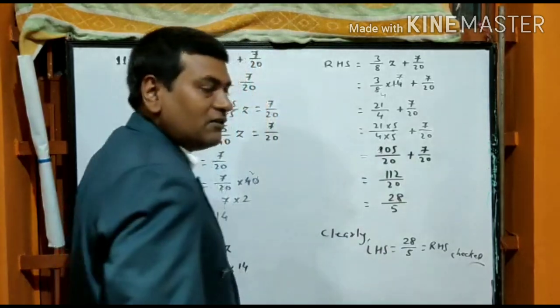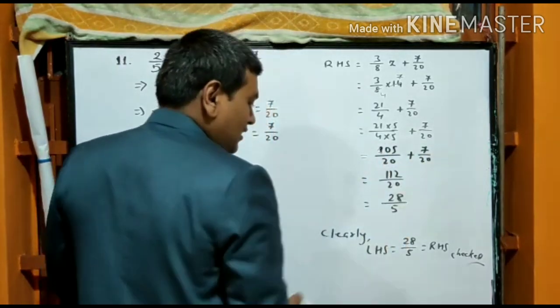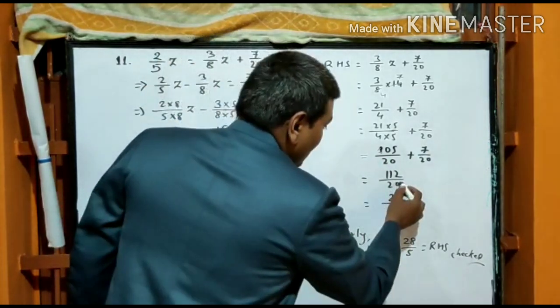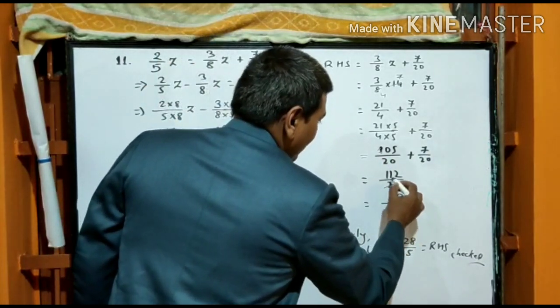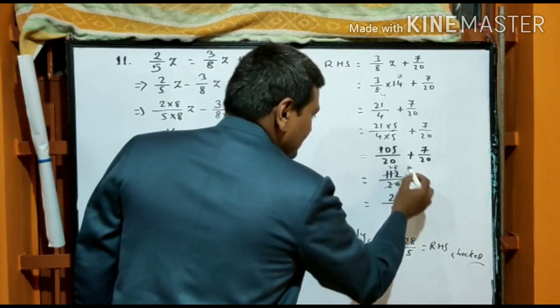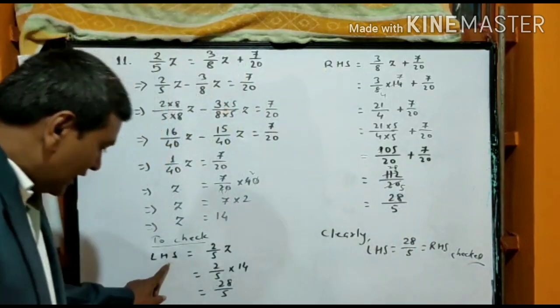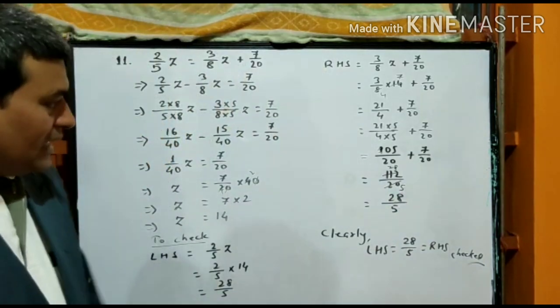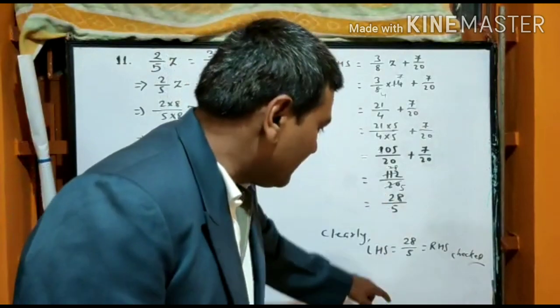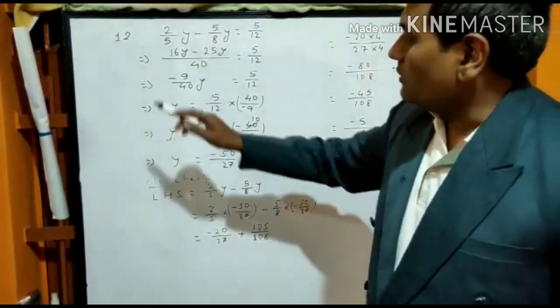Now 105 plus 7, 112 by 20. 4 5s are 20, 4 2s are 8. 3 2s are 6, 4 8s are 32. 28 by 5. Left hand side is 28 by 5 and right hand side is also 28 by 5. Both are equal.